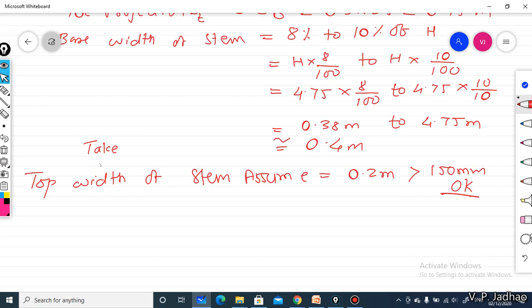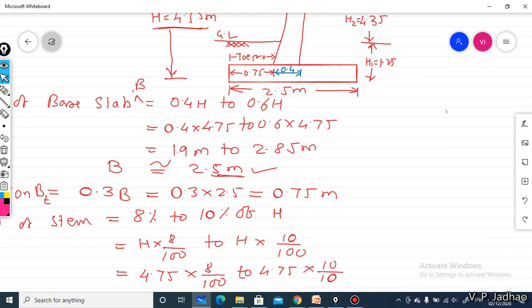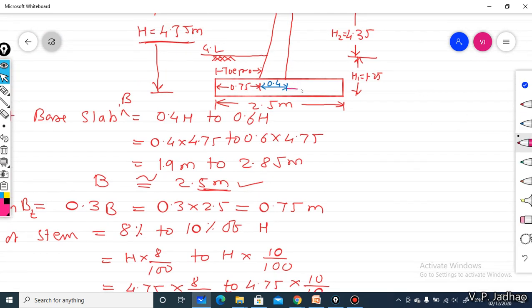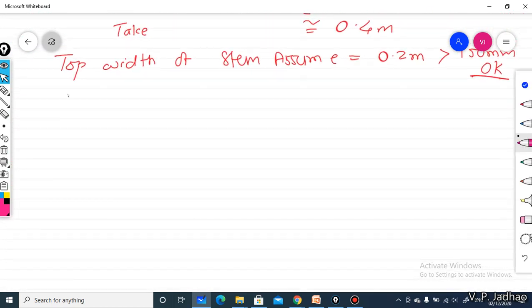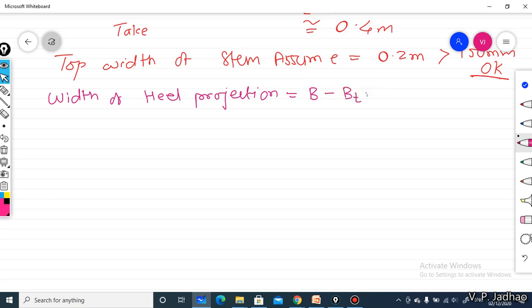This will be equal to the total width of your base slab minus the toe projection, minus the base width of your stem.